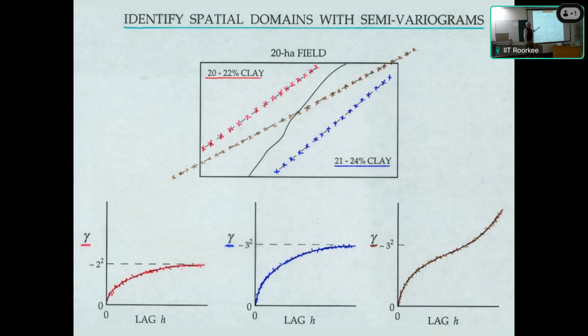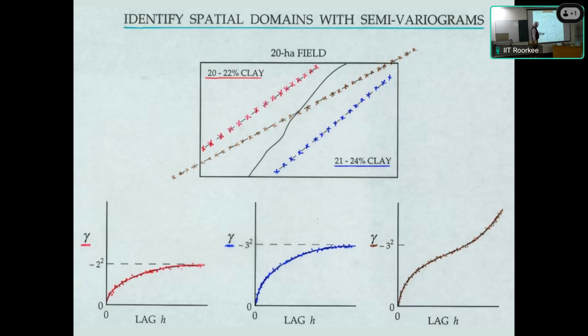And if we now cross these two domains, they are separated by this contour line. If we have one transect sampled that goes across it, well, then we have 20 to 24%, right? And this is the semi-variogram for the first one. So here we have 2 squared, that's the variance.